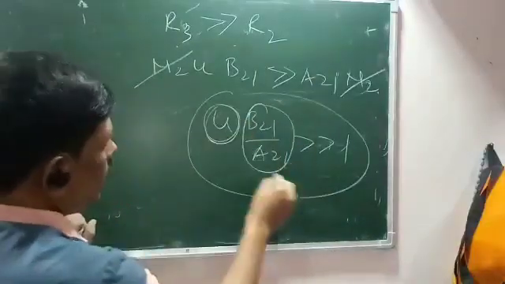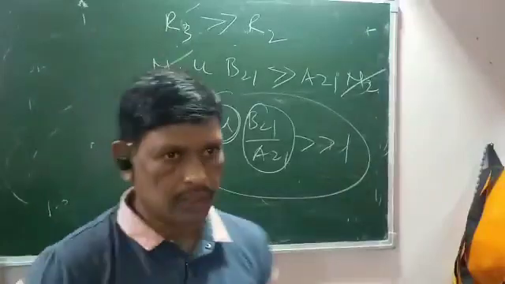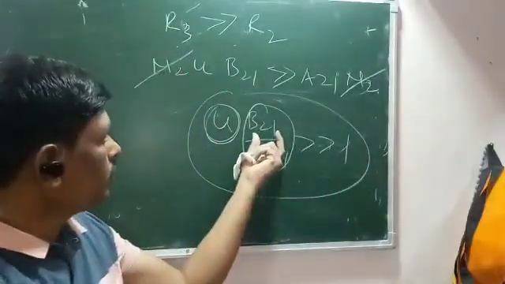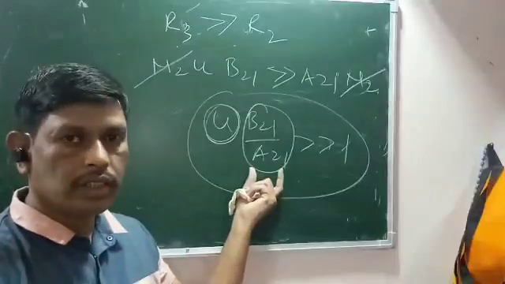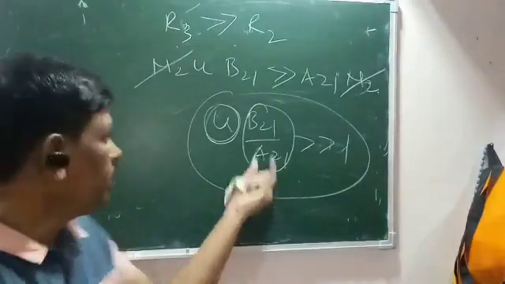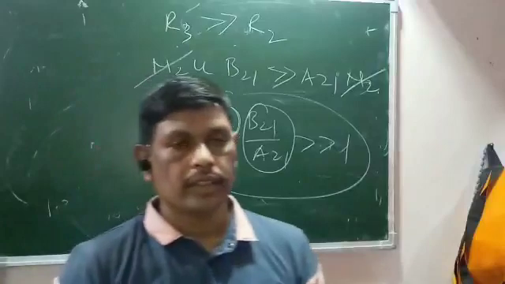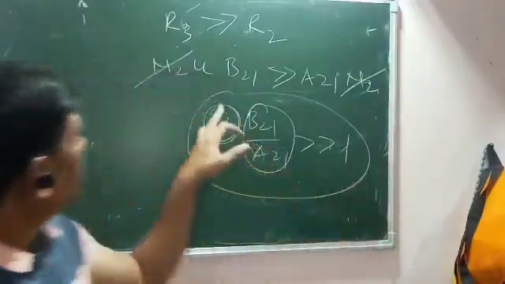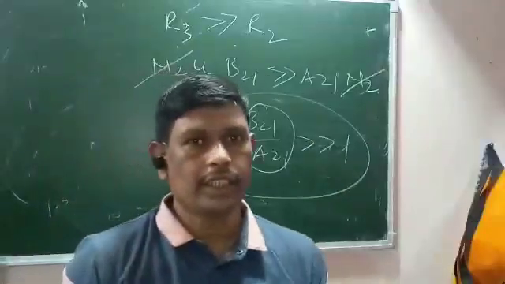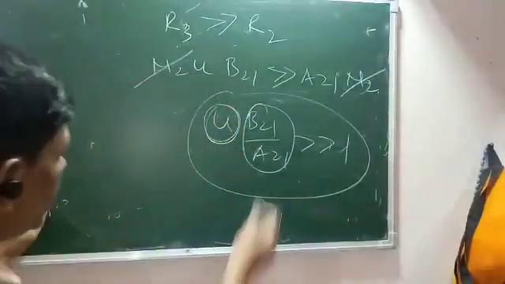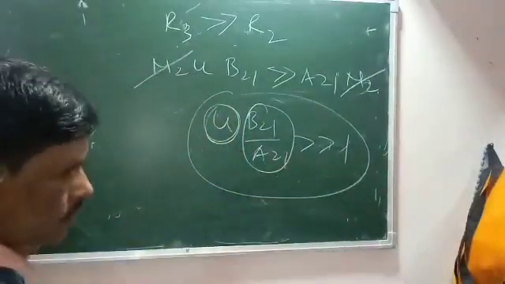So B21 by A21 is greater than 1. B21 is the Einstein stimulated coefficient, and A21 is the Einstein spontaneous coefficient. This ratio should be greater than 1.